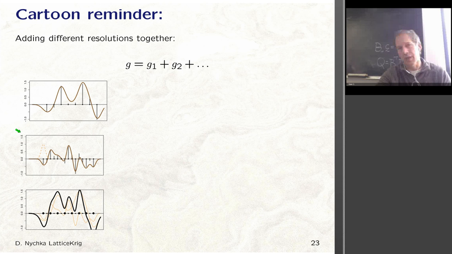If we let those weights vary over space, again, since we're defining this in terms of the processes, we will always get a valid covariance from that. Okay, so let me stop there.